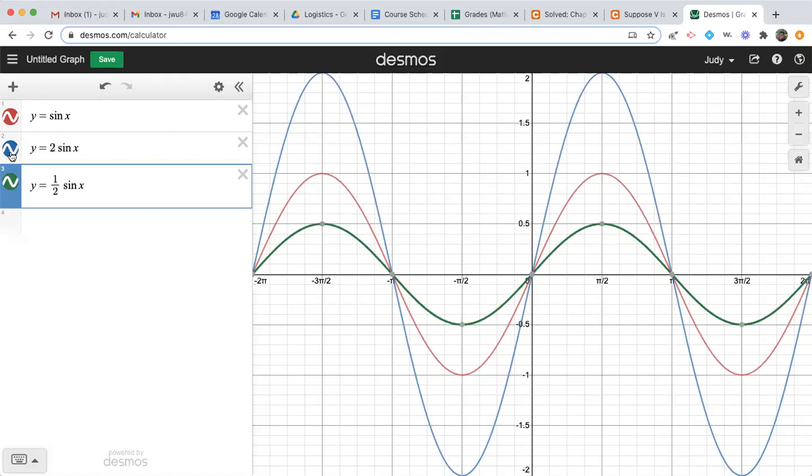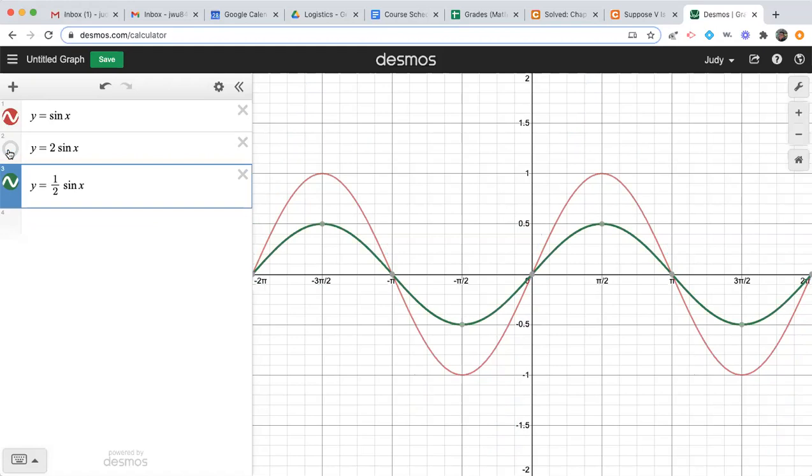So let me get rid of the blue one for a second. I'm going to click on this circle to hide it for a moment, and now we can compare the original with the green curve, okay? And so I think we can see here that the revisited predictions are true, that our wave is now a little bit shorter than it was before, okay? So instead of going up to 1, we're going to go to 1/2.